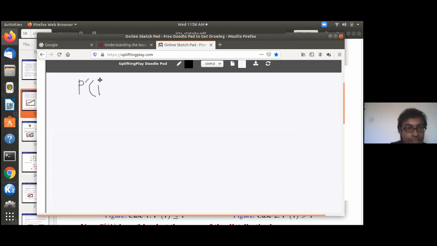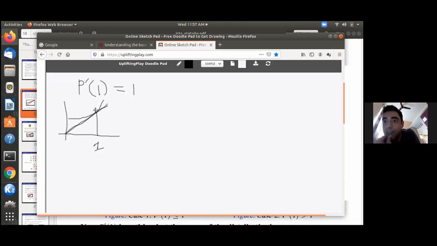Right. So p prime 1 equal to 1. That means we had the plot, this is the diagonal line, and p something like this, right? So this is 1, and p prime 1 equal to 1 means this tangent and this diagonal line intersect, correct? Yes. So this is the extinction probability, which is 1.